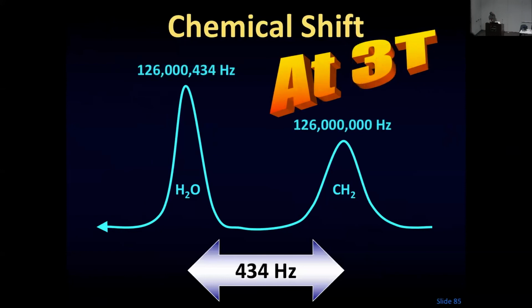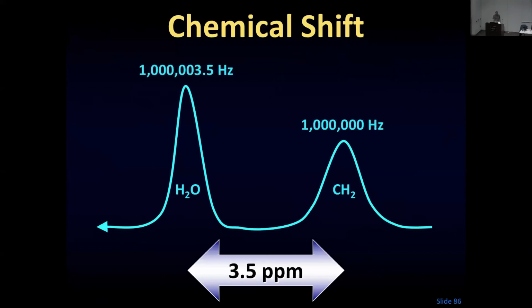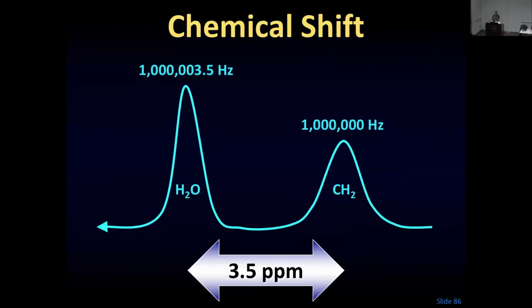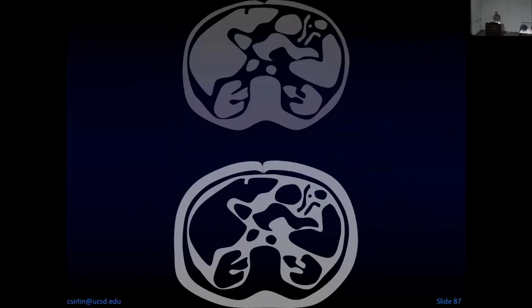So at 3 Tesla, the difference is about 434 hertz out of about 127 million hertz. So the difference is 3.5 parts per million. Not 3.5%, not 3.5 per thousand, 3.5 per million. It's a very, very tiny difference. But that tiny difference means that water protons and fat protons are not precessing at exactly the same frequency.